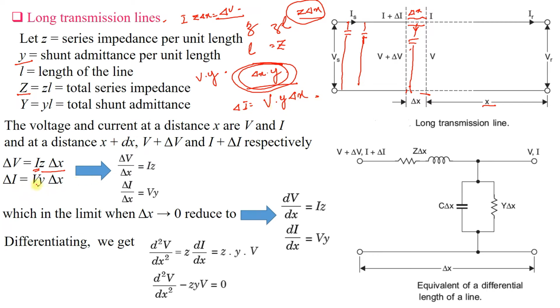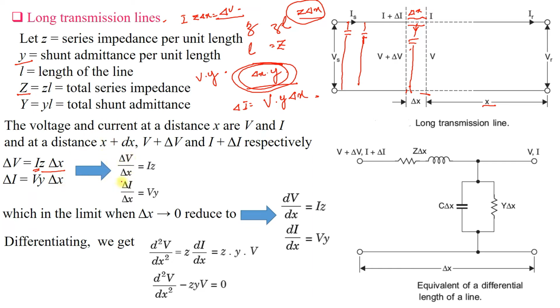Here also, since the change in length is infinitesimally small, we are assuming that the voltage at both the ends is the same. That is why we are taking V here. So we have these two relations: delta V is equal to I z into delta x, and delta I is equal to V y into delta x.